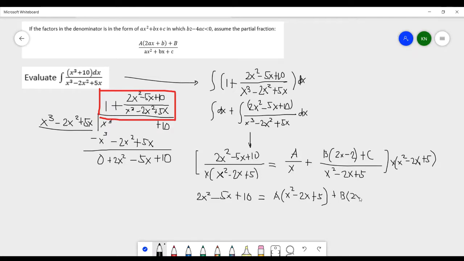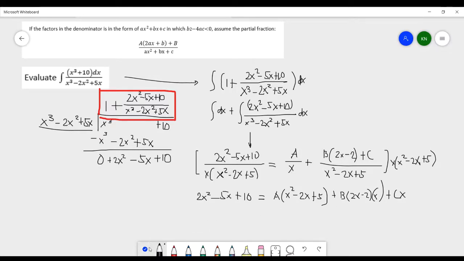So we have 2x minus 2, and then the remaining term here is just the x plus our c, and then the x, because this can be cancelled.